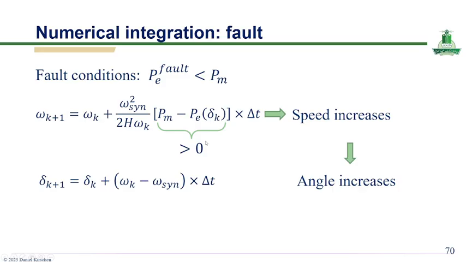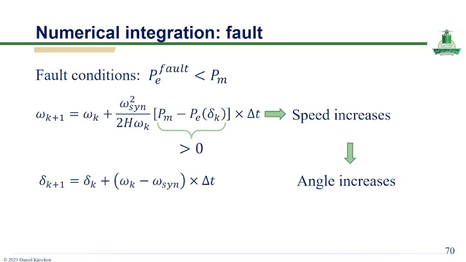This slide describes the numerical integration of the swing equation during the fault condition. When a fault occurs, the electrical output power decreases and becomes smaller than the mechanical input power. So this creates positive accelerating power, which causes the rotor speed to increase above synchronous speed.